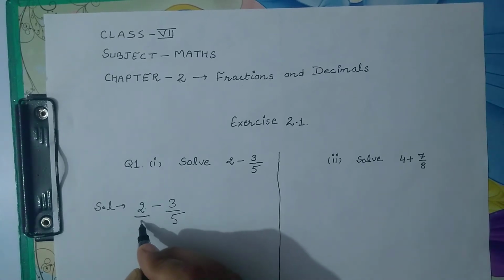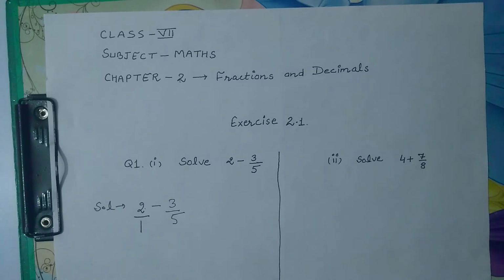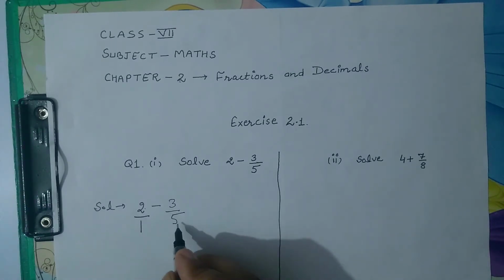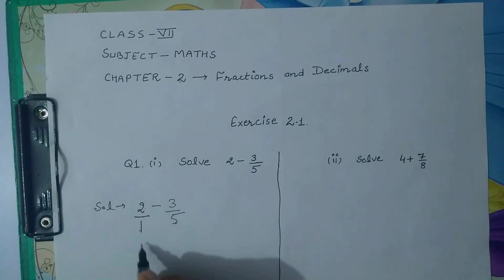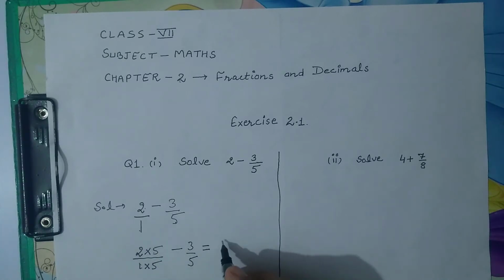Here I am writing 2 upon 1. So what is the LCM? How can we write this 2 upon 1? 2 is multiplied with 5, 1 also multiplied with 5. Next is minus 3 upon 5. So this way we have now 2 into 5, 10 upon 5 minus 3 upon 5.